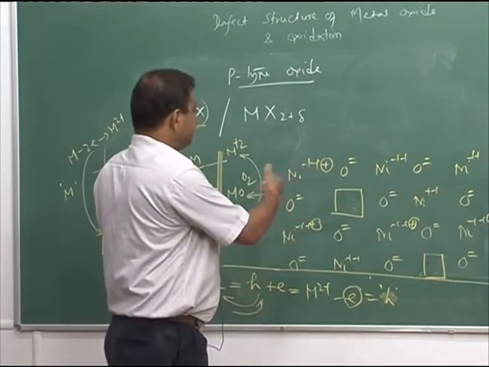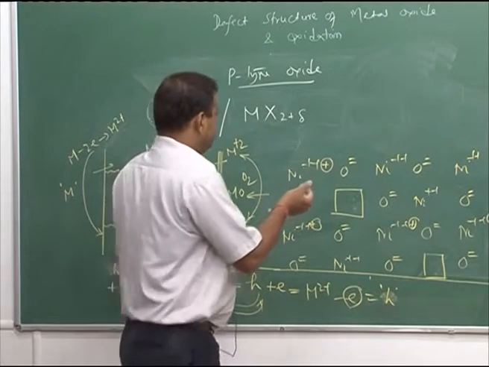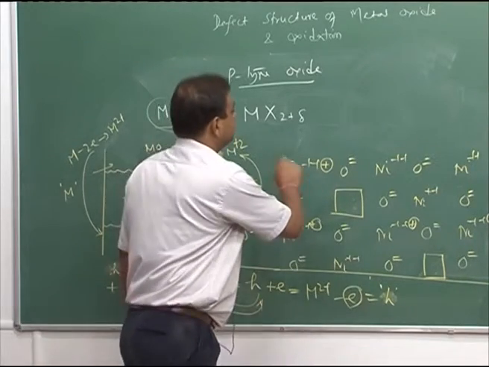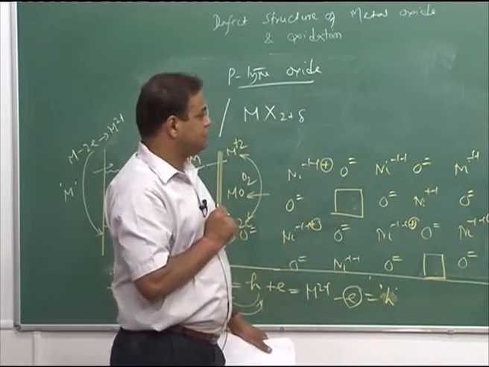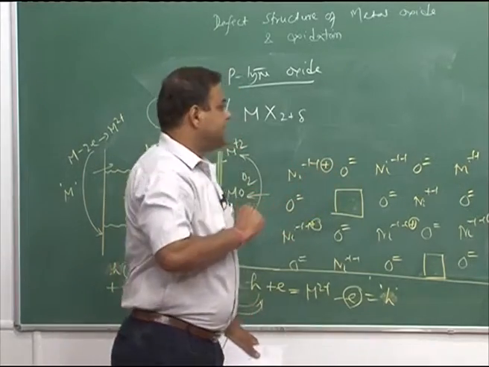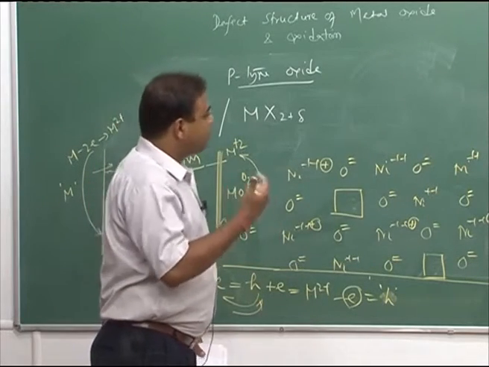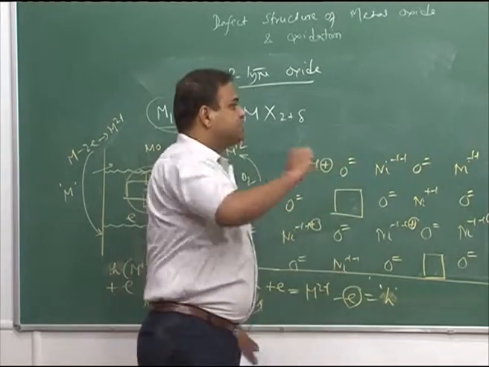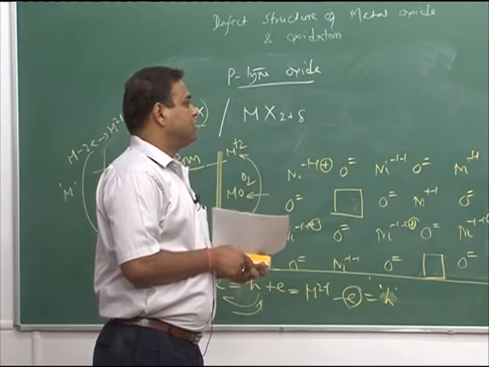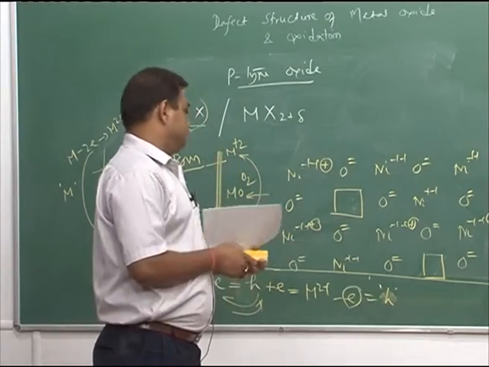If we dope them with a cation with a lower valency than the metal cation in the normal lattice point, or replace the normal lattice cation with another cation which has a higher valency than the cation being replaced, what would happen to the oxidation of that kind of metal?